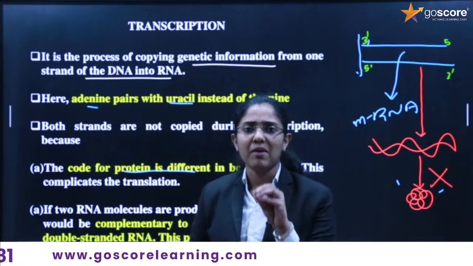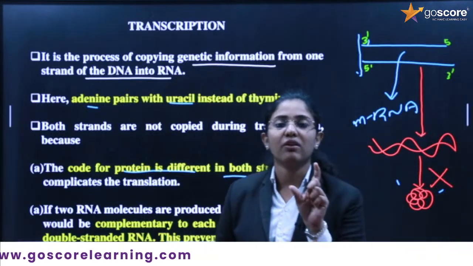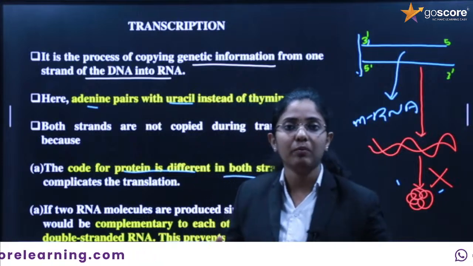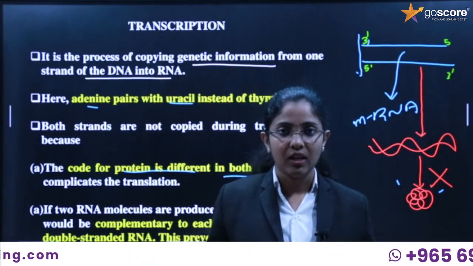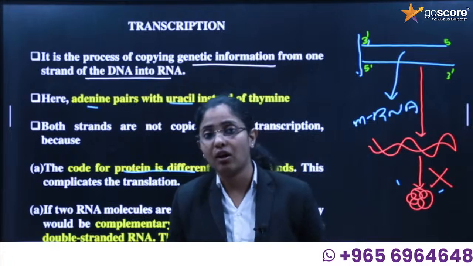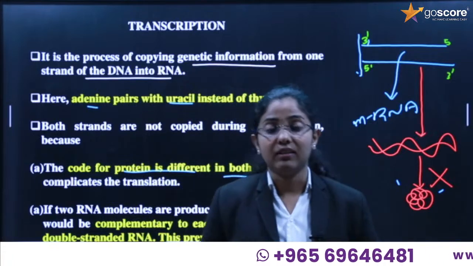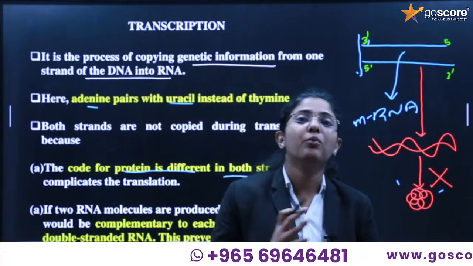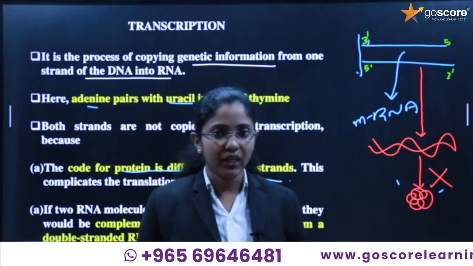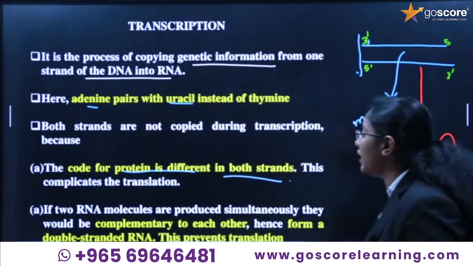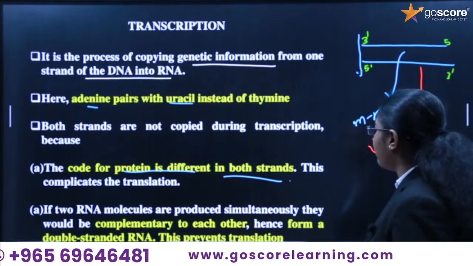This salivary amylase can be synthesized only from one particular strand. It cannot be synthesized from two different strands. So if two different strands undergo transcription, that protein won't be formed. Those two points are very important. You have to keep them in mind.